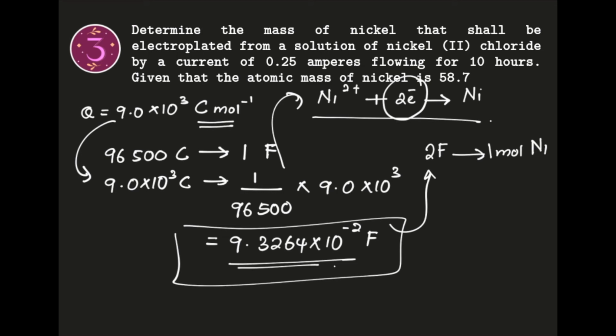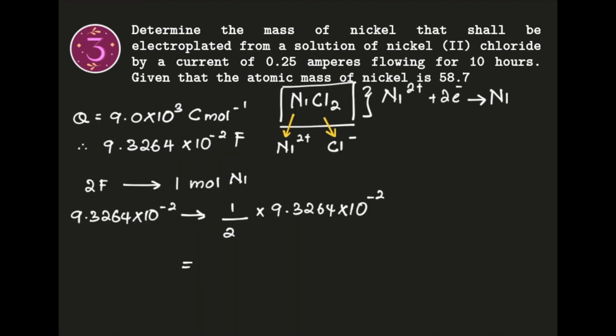We are going to calculate how much mole of nickel shall be produced. Alright, so from here we can calculate the number of nickel that is going to be produced in this reaction is equivalent to 4.6632 times 10 to the power of negative 2 mole of nickel.